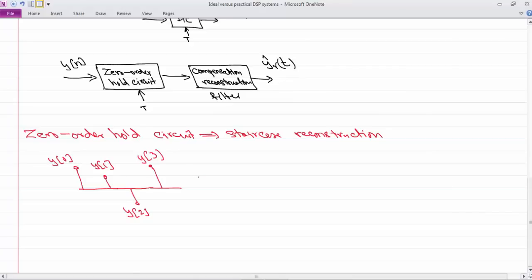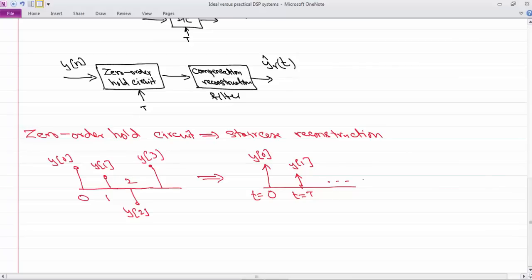So you go from here, so this is discrete time, 0, 1, 2. There's no notion of time. You go from this to continuous time where you have impulses, and the area of each impulse is proportional to your signal value. So this is at time t equal to 0. At time t equal to capital T, you generate another impulse, y1, and so forth.